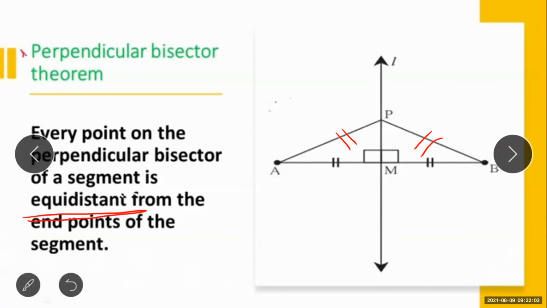So we have to show that these two segments are congruent to each other.